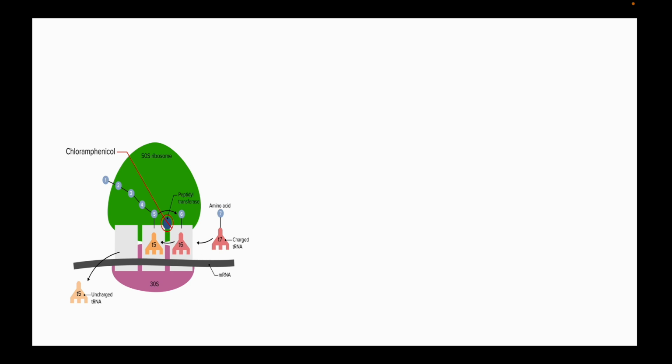Okay, it gets ready. The P site is where the amino acid gets transferred, so we have peptide bond formation. The amino acid gets transferred, and then we have an exit site where the uncharged tRNA whose amino acid is already transferred is excluded, right?